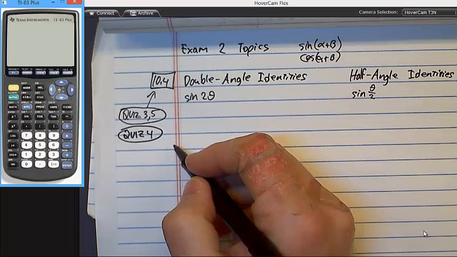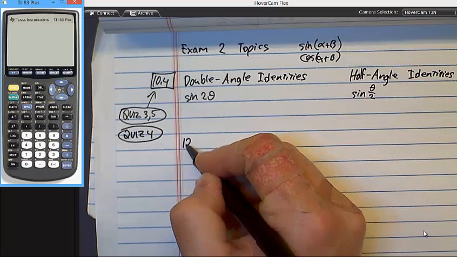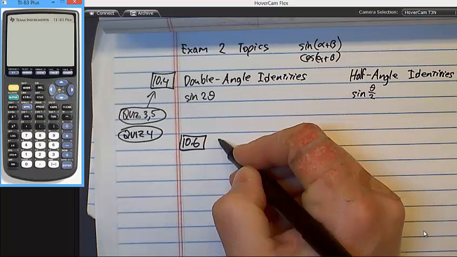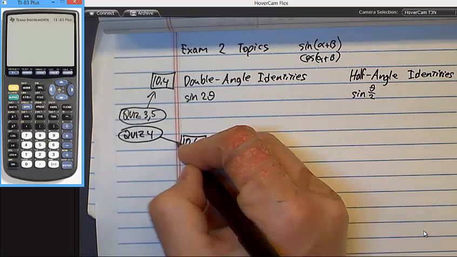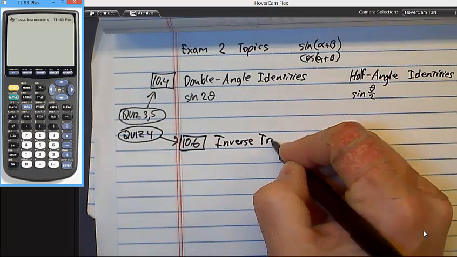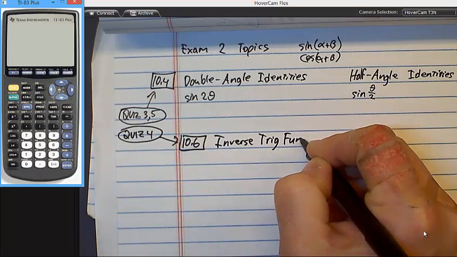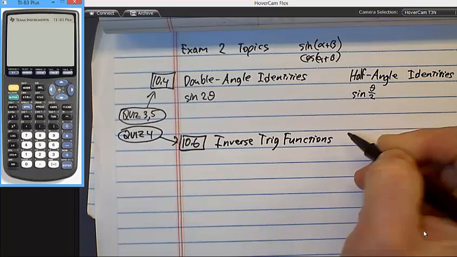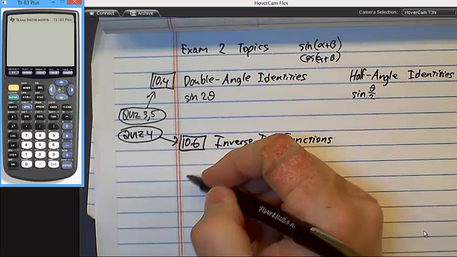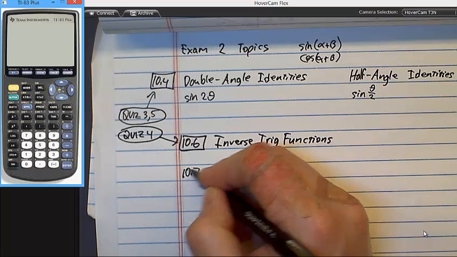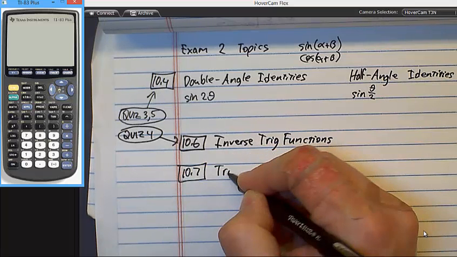Well, that was on section 10.6, inverse trig functions. And you will have inverse trig functions on the exam on Monday. And the only other thing from Chapter 10 is 10.7, trig equations.